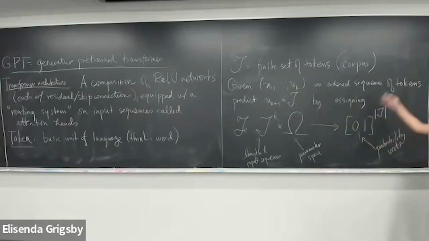And you encode it as a one-hot probability vector. So again, it's like input-output pairs for a supervised learning problem. The inputs are these length k strings of tokens. The output is, you put a 1 at the position associated to what you know to be the next token, and a 0 everywhere else. And that's what you train on.